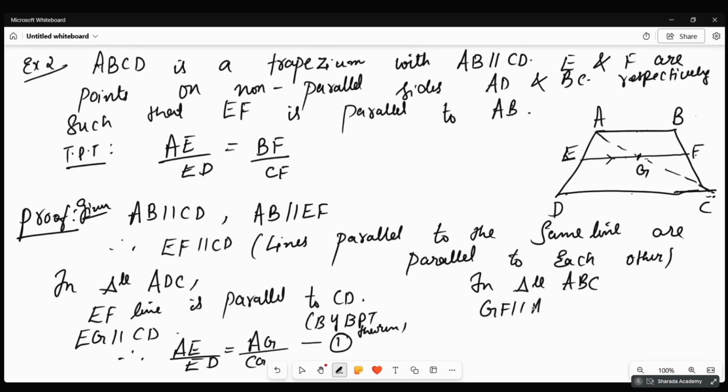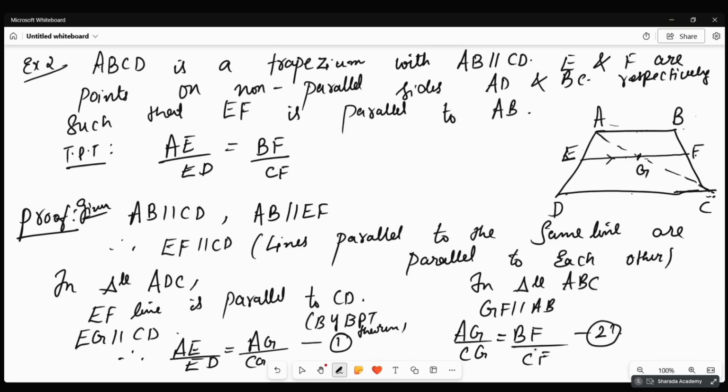Then I can say that GF is parallel to AB, by the BPT theorem, CF by BF is equal to CG by AG, or you can write AG by CG is equal to BF by CF. Equation 2.